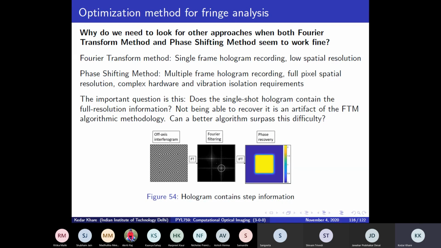But the phase shifting method allows full resolution, though it is complicated from a hardware standpoint. But what you see is that even if you look at one interference pattern, the information is there. And so we need to think about an alternative to these traditional methods where, if the information is there, we should be able to recover it and we should not lose the resolution.